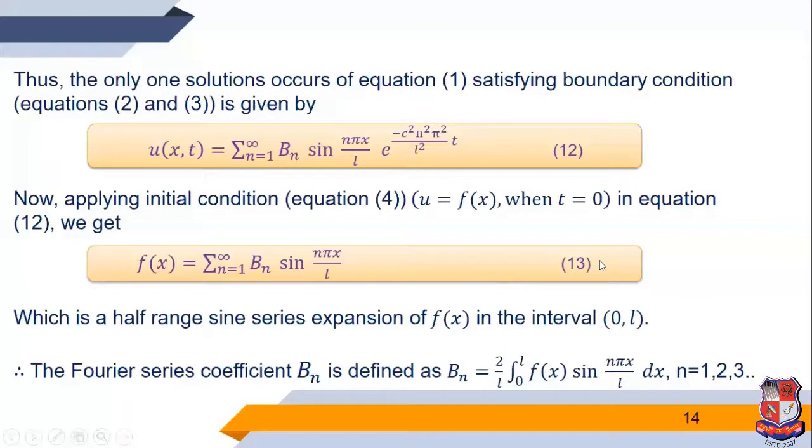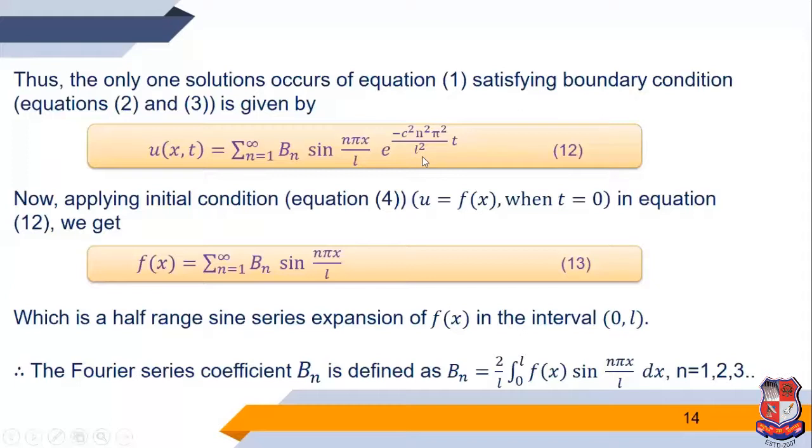Now equation 13 is nothing but a half range sine series expansion of f(x) in the interval 0 to L. Therefore, the Fourier series coefficient Bn is defined as Bn equals 2 by L integral 0 to L f(x) into sine(n pi x by L) dx, where n is 1, 2, 3 and so on.